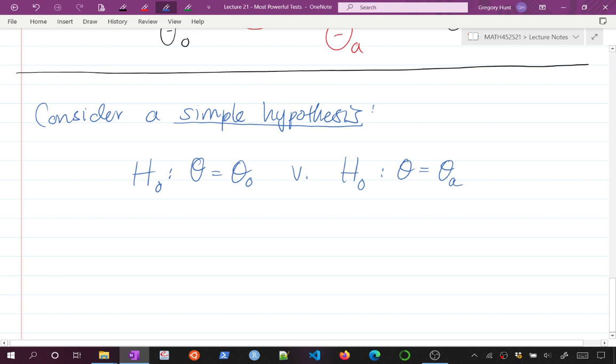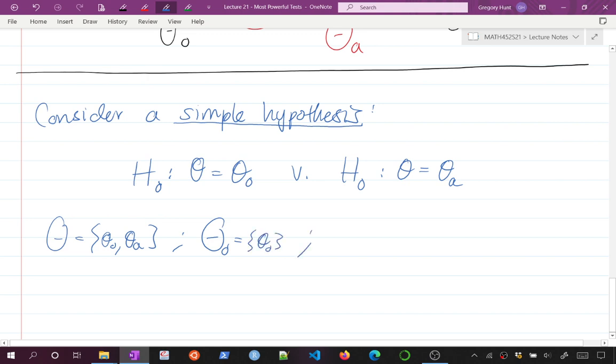So my whole space, capital theta, is just theta naught and theta a. Capital theta naught, which is my space of null hypotheses, is just this one little value.